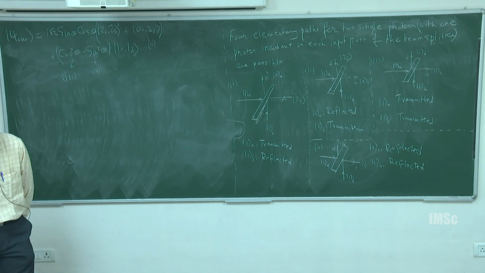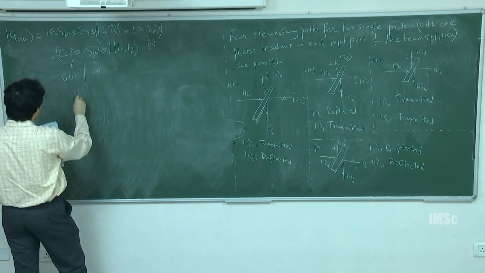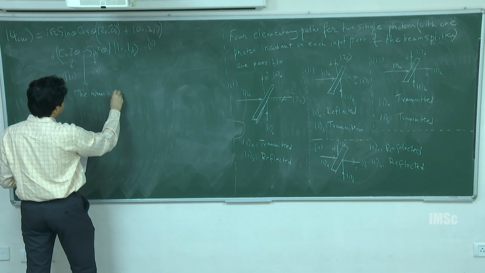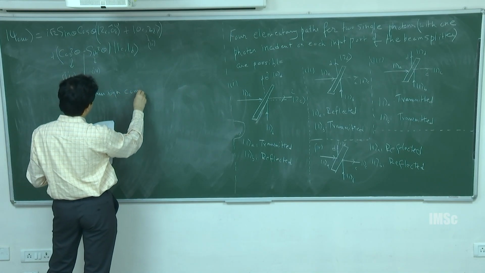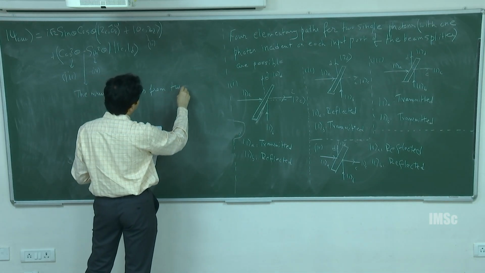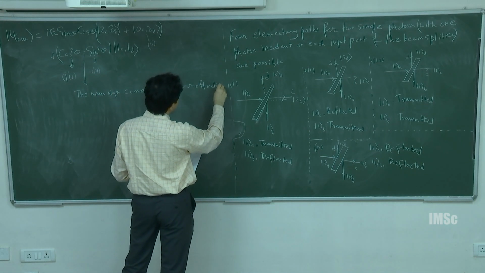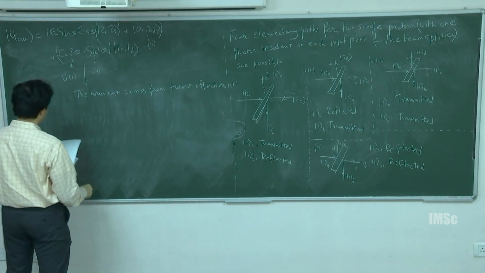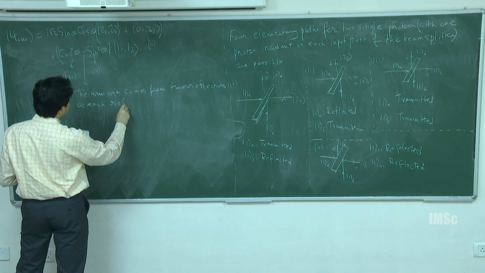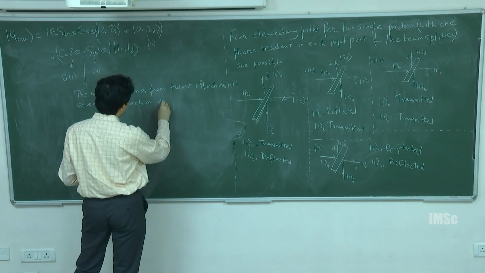So I squared is minus 1. So minus sign, as each reflection gives a factor I.